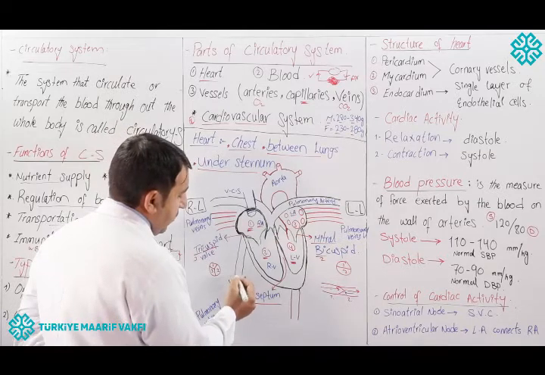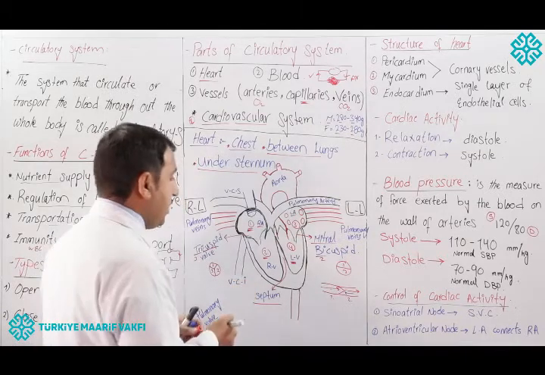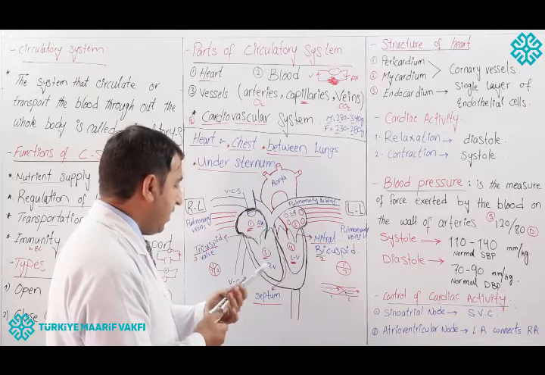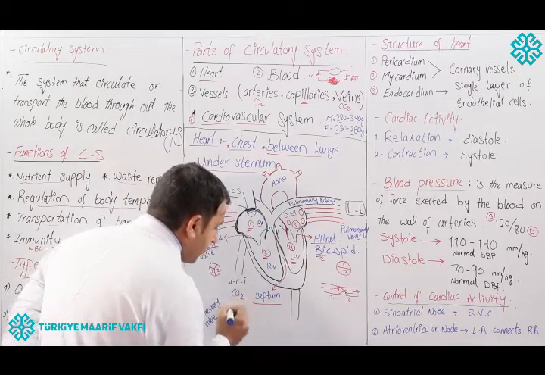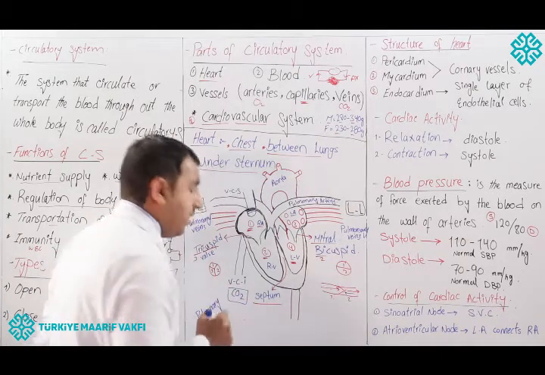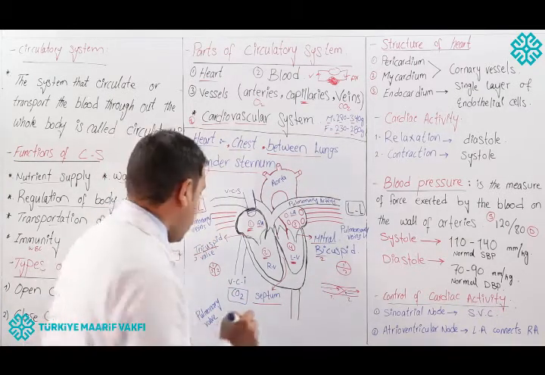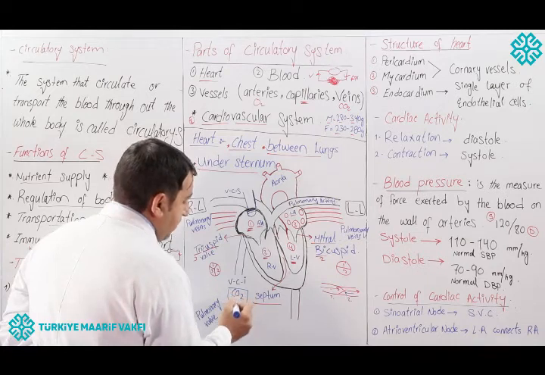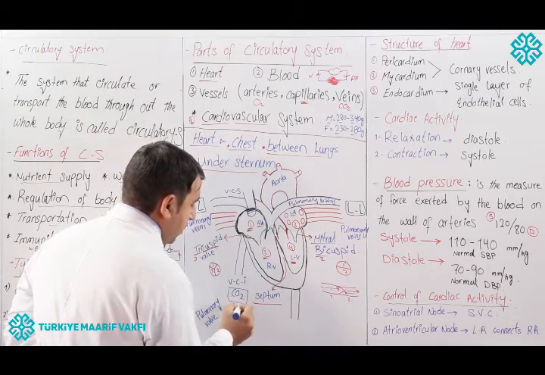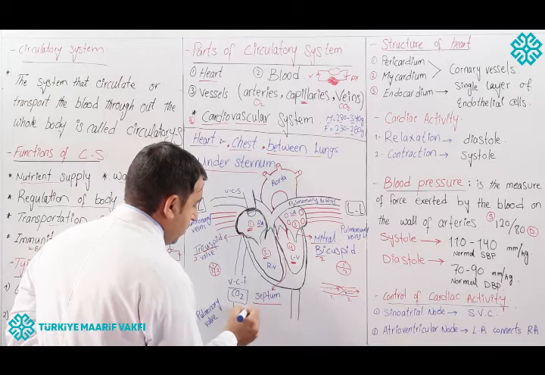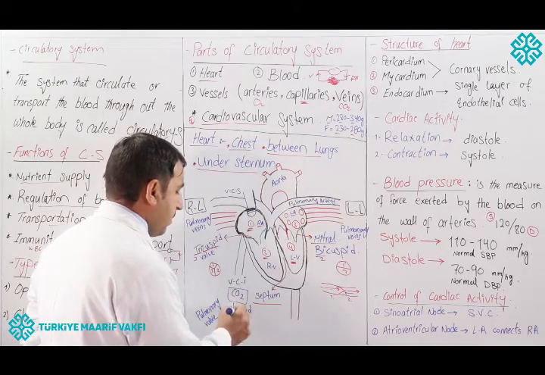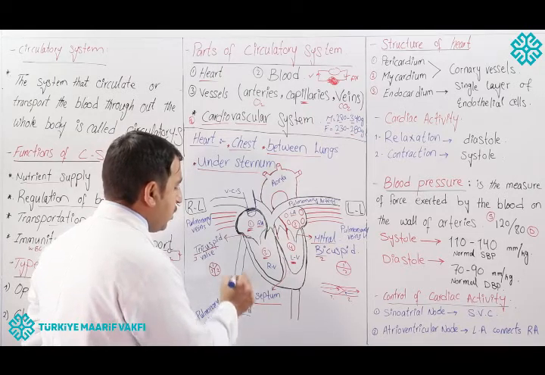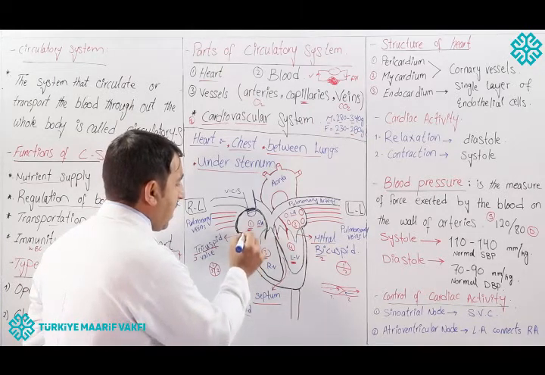And also we have some vessels in our heart. It is the vessel which collects deoxygenated blood. Which type of blood? Deoxygenated blood, or carbon dioxide. The blood which contains carbon dioxide is collected from all over the body, and after that through this vessel it comes to the right atrium.